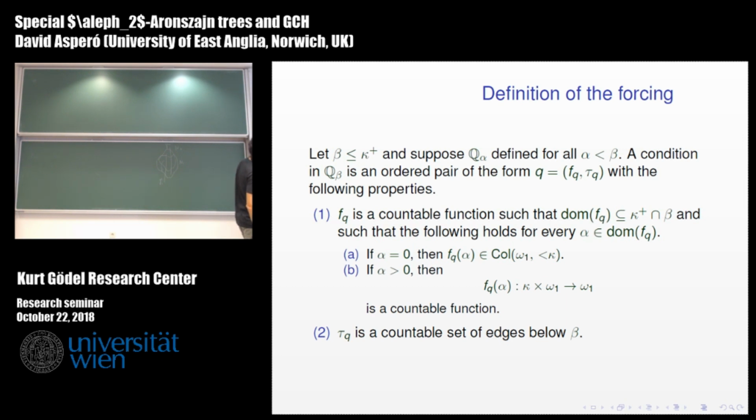It has this working part that is this countable function, so with countable support, where at the first stage I take a condition in this Levy collapse, turning kappa into omega 2, and at all other stages I look at the countable function from kappa cross omega 1 into omega 1, which will be forced to be some specializing function for a tree, and tau Q is a countable set of edges which I just defined before.